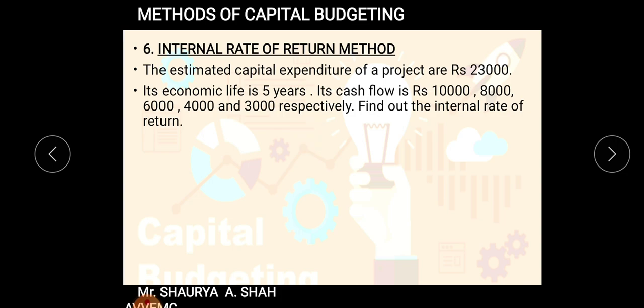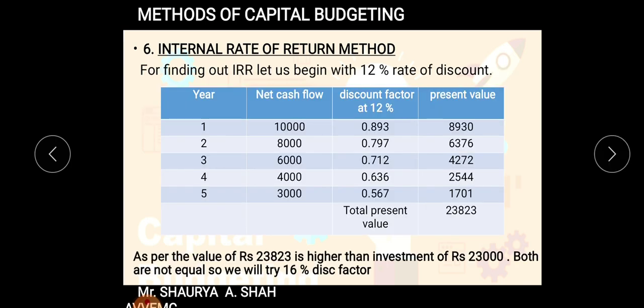So how are we going to do it? In the following way, you can start. First you have to write down the year as usual. Net cash flow you will be writing. Now the discounting factor, we don't know, students. In every sum the discounting factor is given, but here we need to find it for this particular sum. So for finding it out, we'll begin with a 12% rate of discount, right?